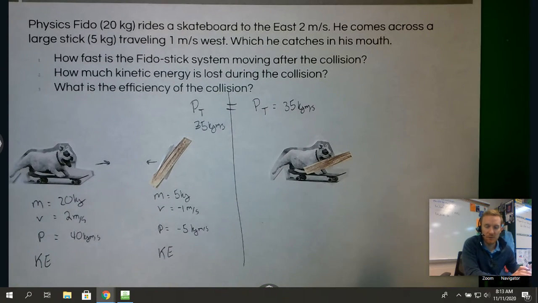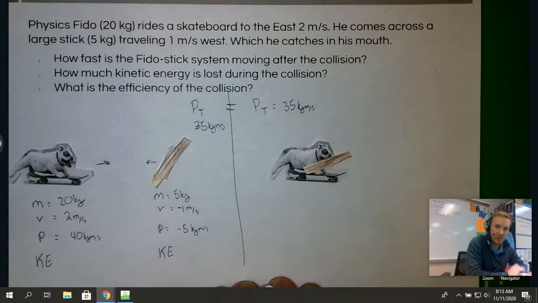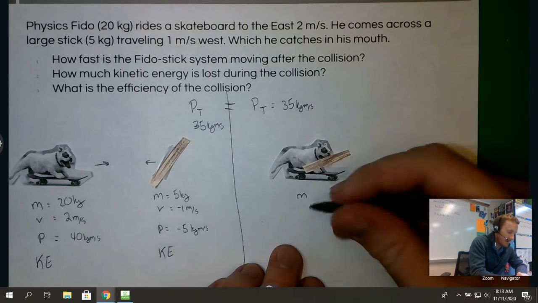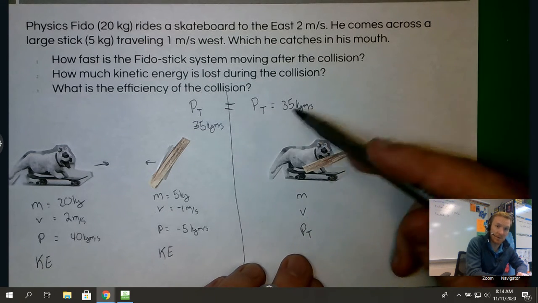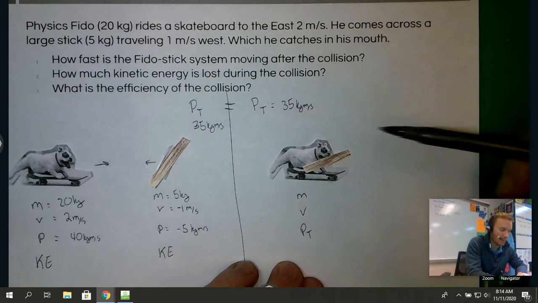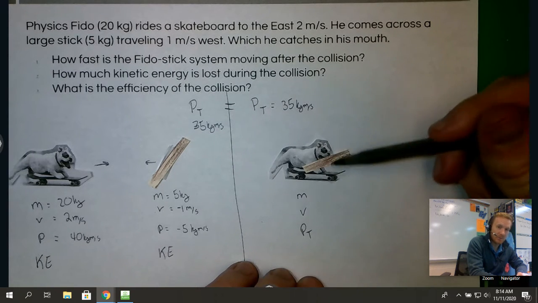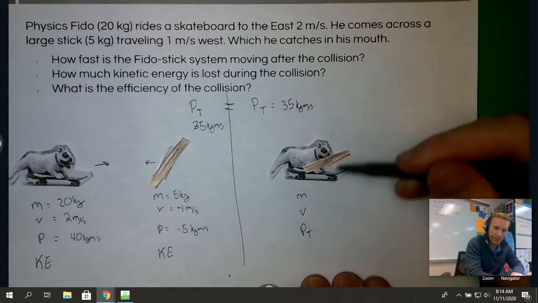And we can use this to solve for velocity, right? So we're looking at our total Fido and stick system afterwards. Recognize that this system has its own mass, its own velocity, and as we just talked about, its own total momentum. Okay? Well, since the total momentum in this case is only dealing with two objects that are stuck together, we can assume that these are basically one object.